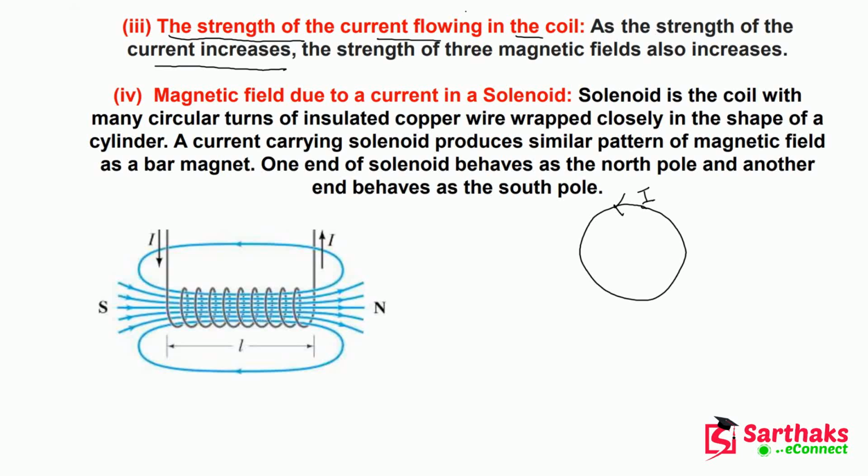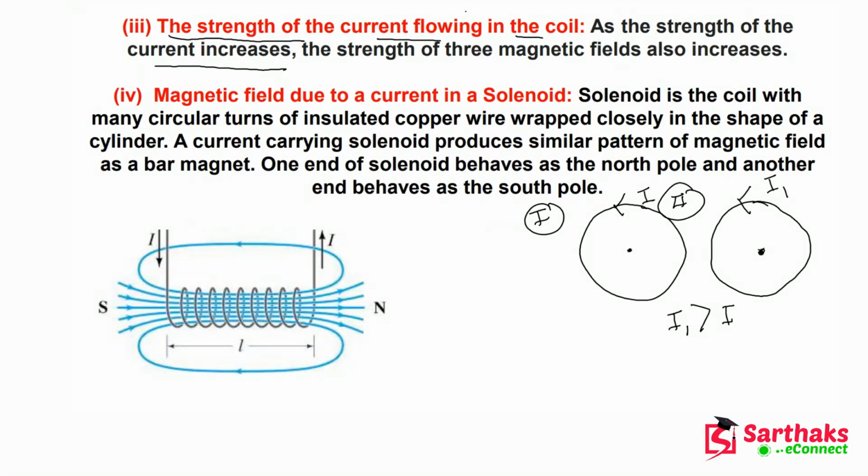This is case number one, and let's take case number two. This is also a circular loop with current flowing. This is I1, and if this I1 is greater than I, then the magnetic field at the center will be higher in comparison to the first case.